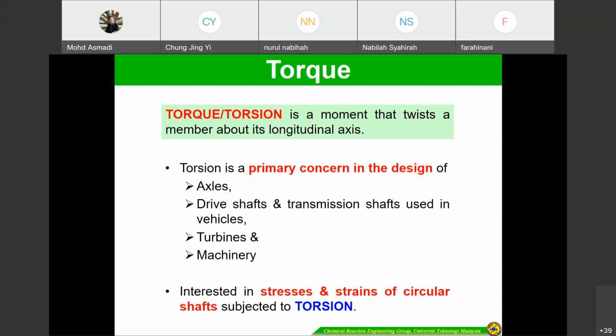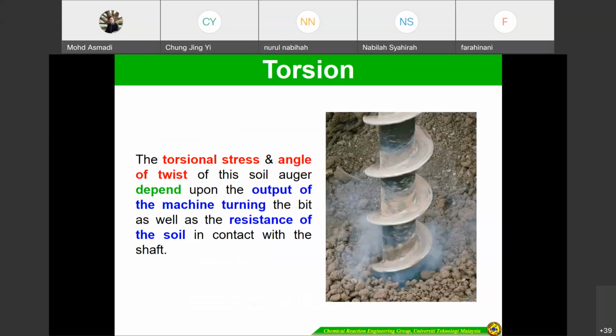So if you look at here, for the torsional stress, this one is the auger. The torsional stress and angle of twist of this soil auger depend upon the output of the machine turning the bit, as well as the resistance of the soil in contact with the shaft. Actually, if you use this auger, there is a deformation, but it is not really visible.